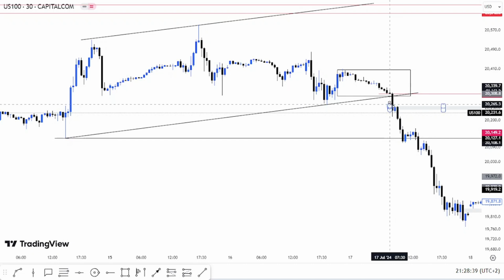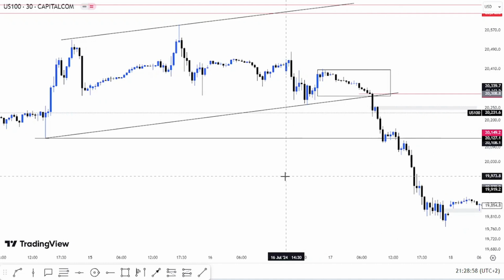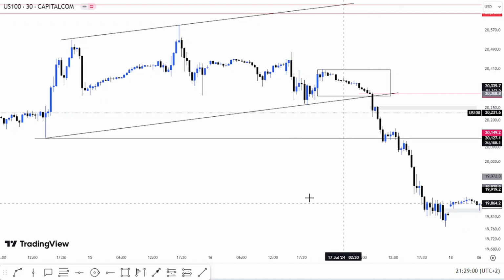This was a decider here, bro, that now we're going to the downside. After this break, I knew that we are going to the downside. There is no coming back. This happened, we closed below the range. We closed below the trend line. And then there were a lot of sells after.